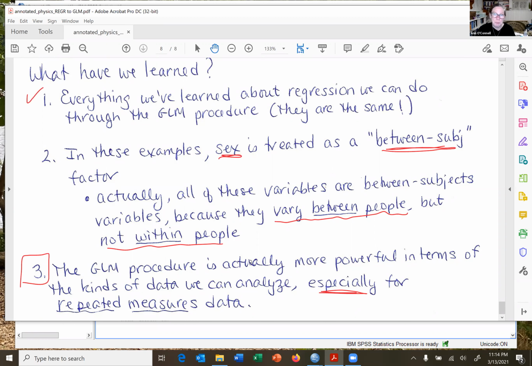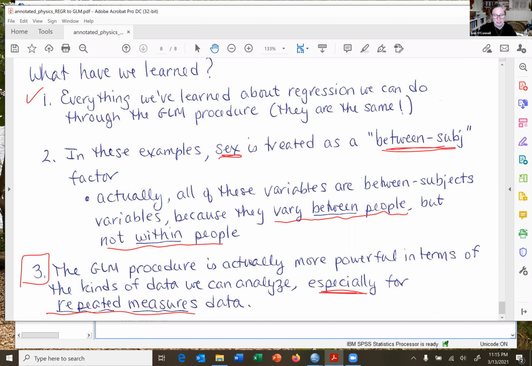Those are different between people, but they don't change within people. Within subjects factors are a name we give to variables that actually change within people, typically over time. So that's our next topic, to talk about repeated measures data.